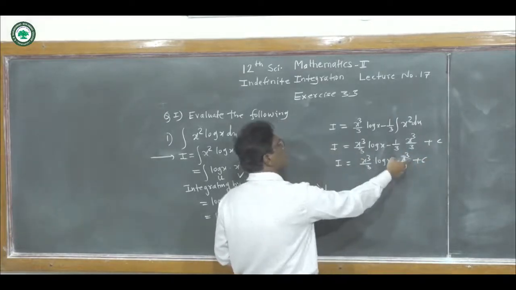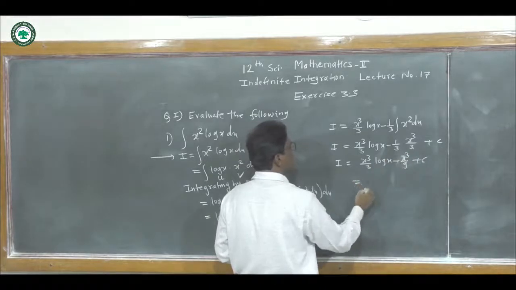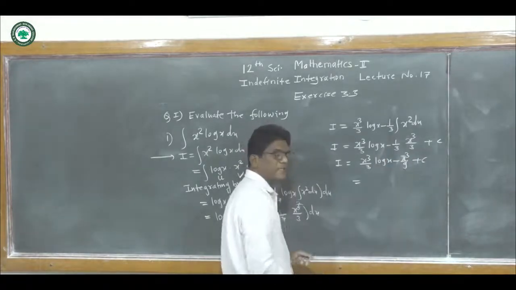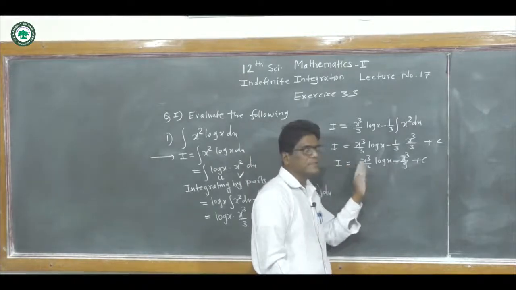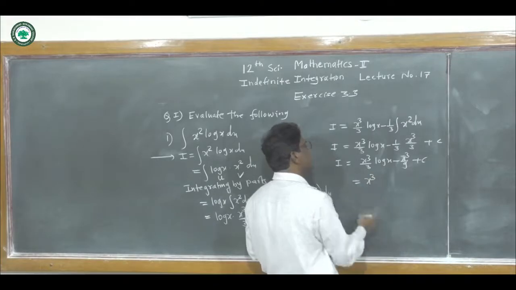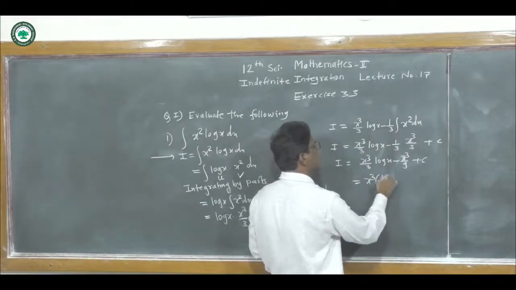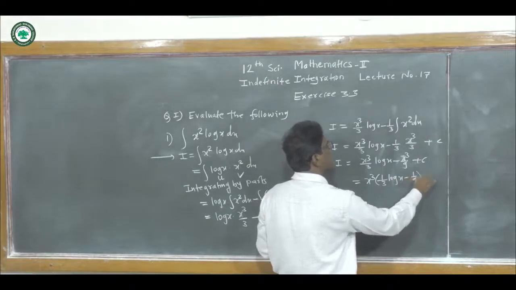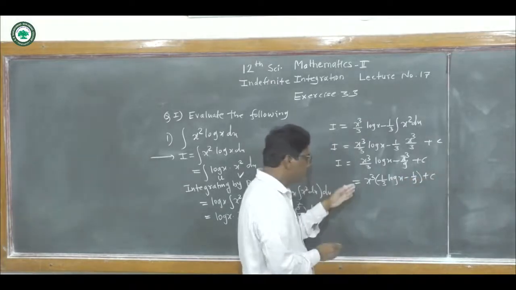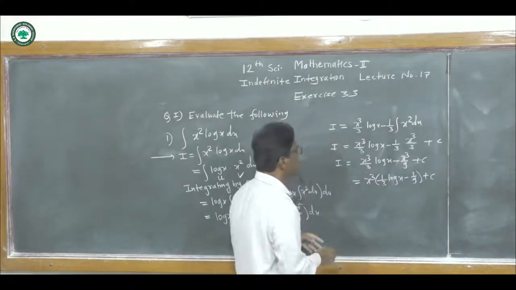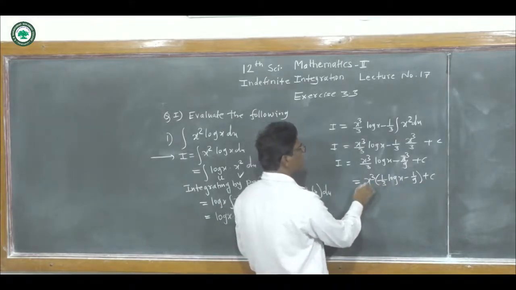Here take x cube common, and here divided by 3, here divided by 9. So we multiply by 9 inside the bracket. Firstly we write x cube common: x cube into 1 upon 3 into log x minus 1 upon 9 plus constant of integration. Multiply by 9 inside the bracket, so we get multiply and divide.